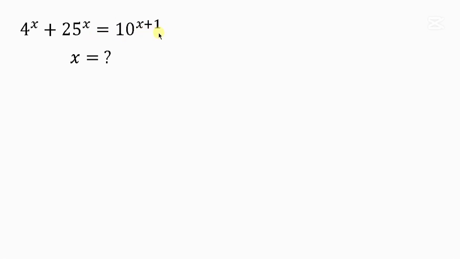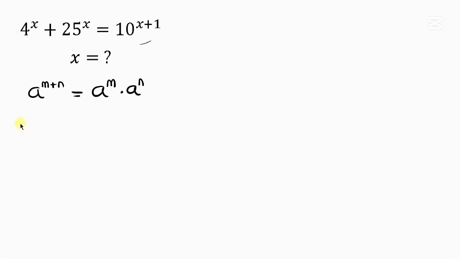Well, our first step will be for us to apply the property of indices to the right-hand side. And this property is, for example, when I have a to the m plus n, this can be expressed as a to the m times a to the n. So let's express this like this.